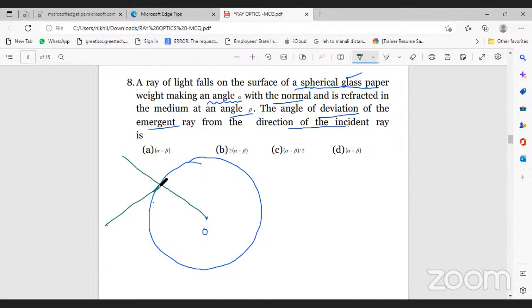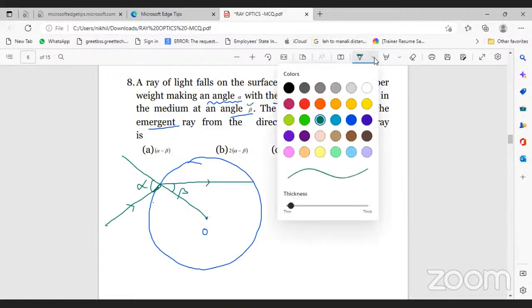What is the incident angle? Alpha. Now this undergoes refraction. This refracted ray makes an angle beta. What is the refracted angle they have given? Beta.